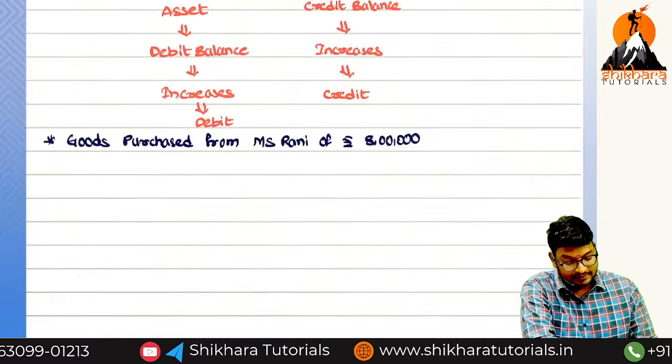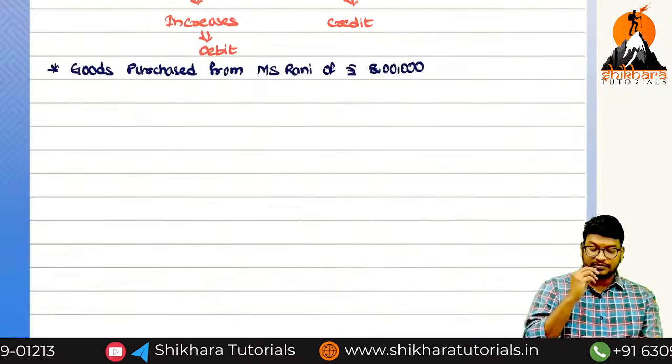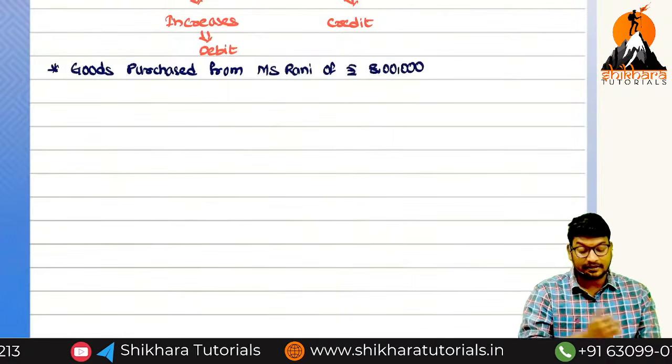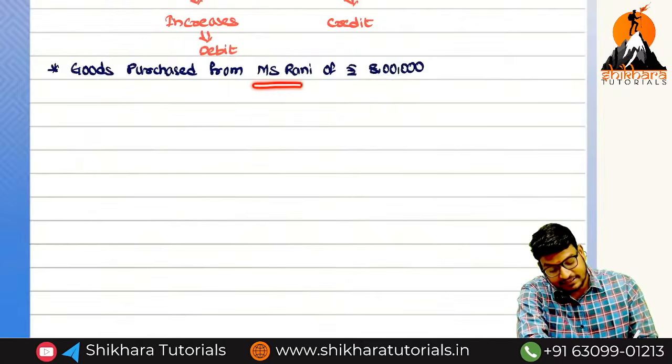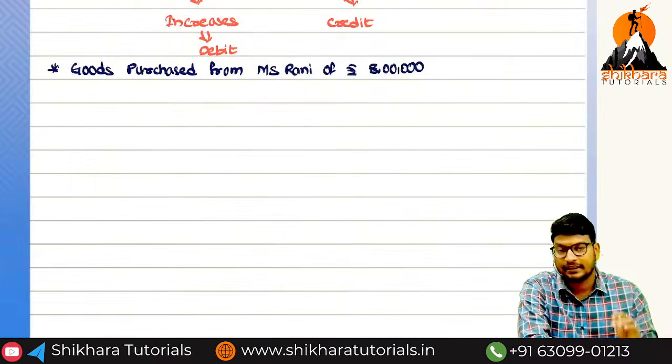Okay guys, we can see here. Now can you say the two outcomes here? Goods purchased from Miss Rani. First of all, is this a cash transaction or credit transaction? This is a credit transaction.